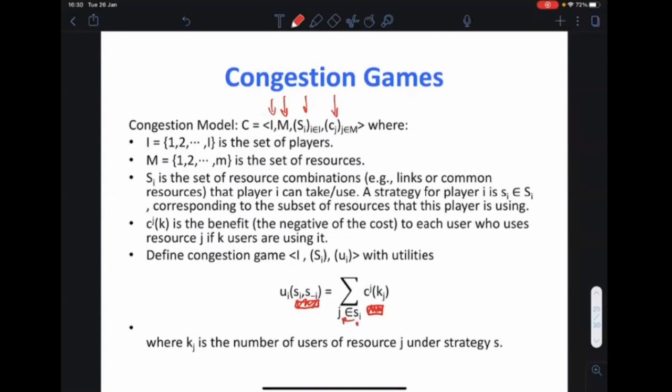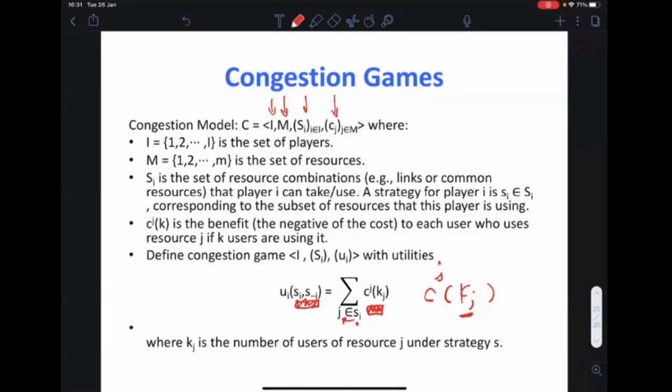Then you basically say, okay, given this j, a resource j I'm going to choose, it also depends on k, the number of users who are consuming these resources together.